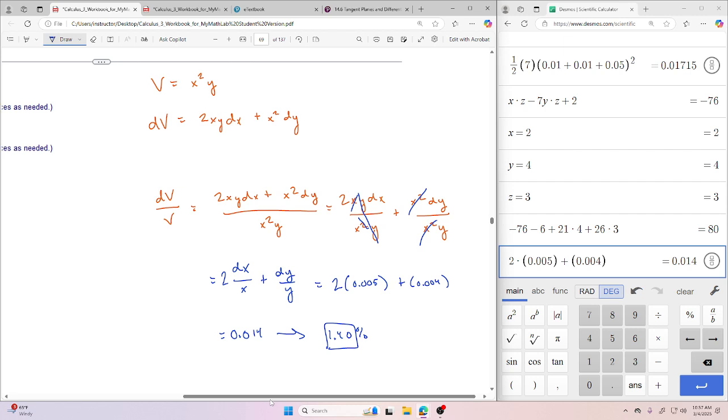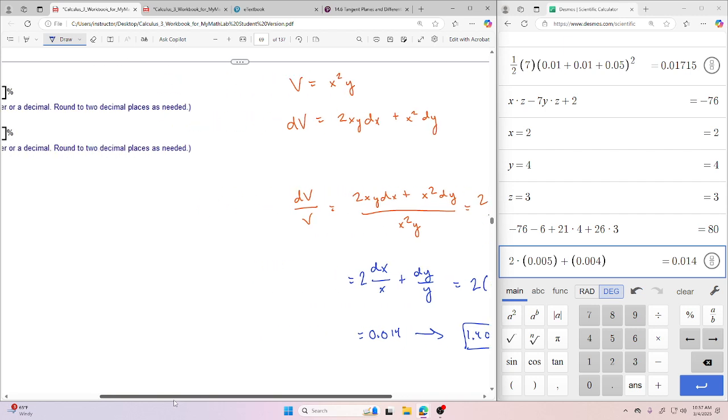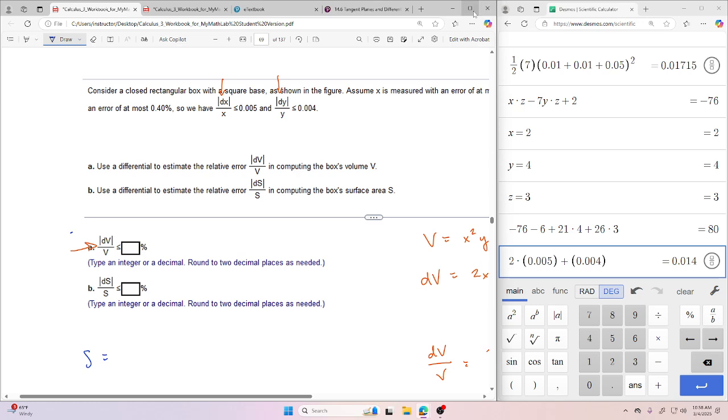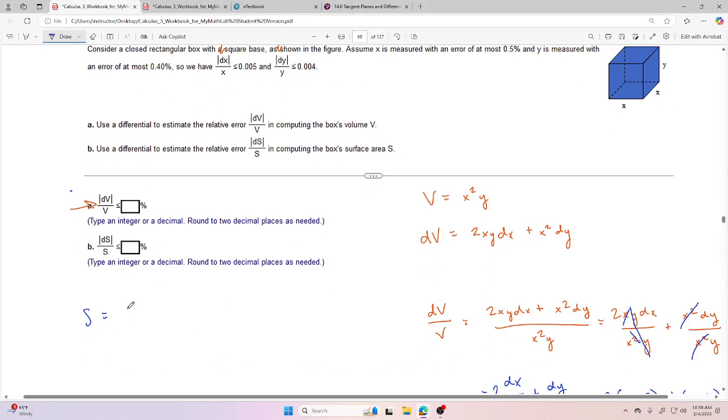Are y'all okay with what was going on, though? It's pretty cool. So now you already know what the answer is for the other one, but let's go through the math for it. So they say S. S stands for what? Okay. Capital S, though, is what? Surface area. What would be the surface area of this guy?